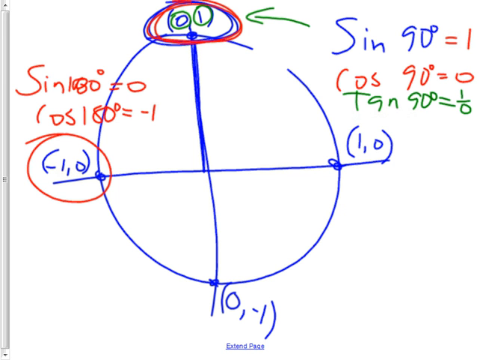Do you know what happens when you have 1 over 0? Undefined. Remember me saying that in trig there's a fair amount of times where you have answers that are undefined? Like if I say when is sine equal to 2, it never is. So what is tangent of 90? It's undefined.